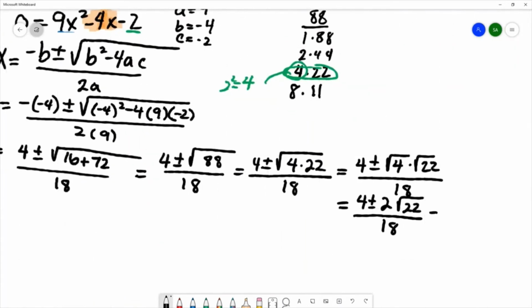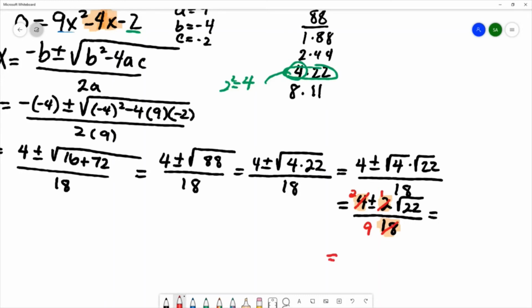And the last thing that I can do here is anytime you have fractions, you want to try to reduce them, write them in lowest terms. You don't want any factors in common between the numerator and denominator. As I look at this numerator, I can see that these two terms are even and this term is even. So that means that they'll have a common factor of 2. I'll cancel out that factor of 2 from 4 and from 2 and from 18.